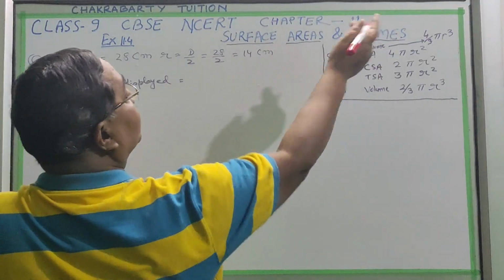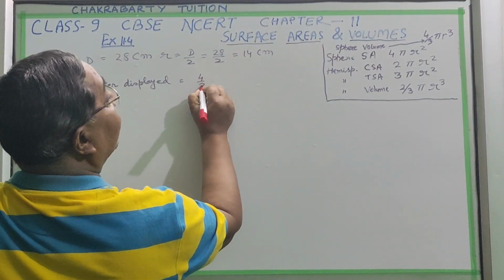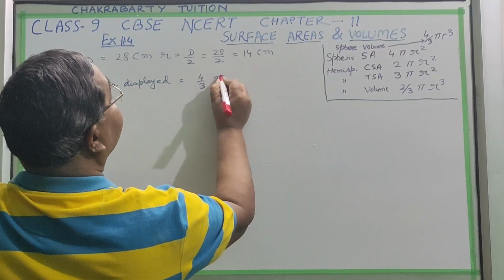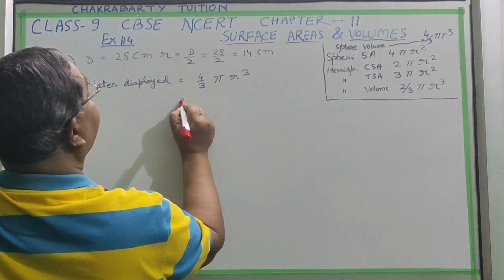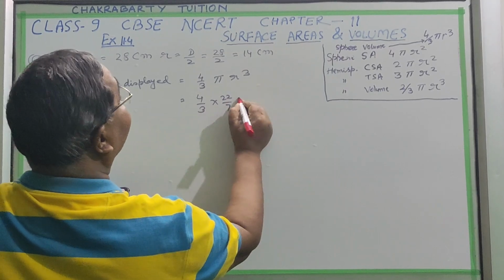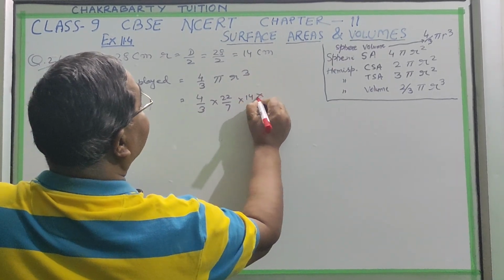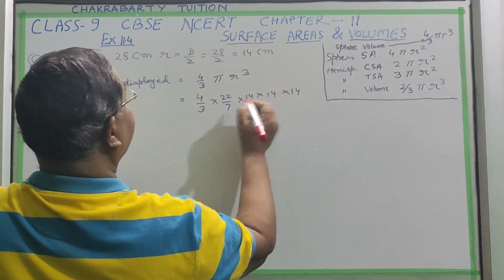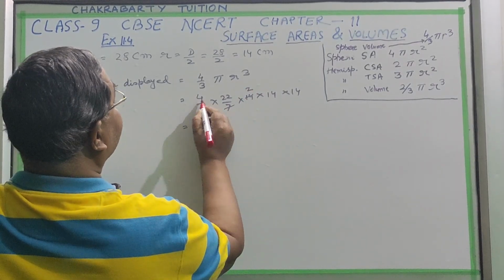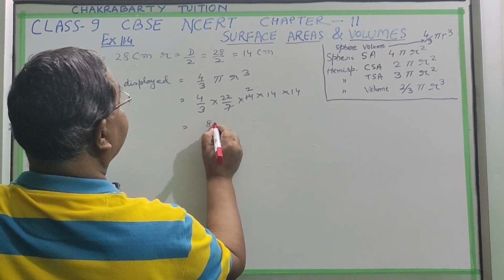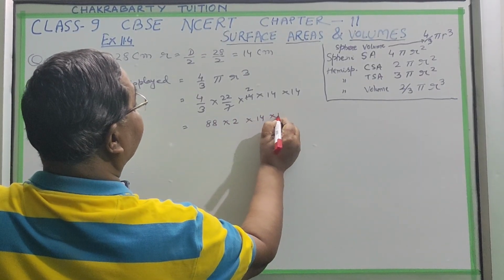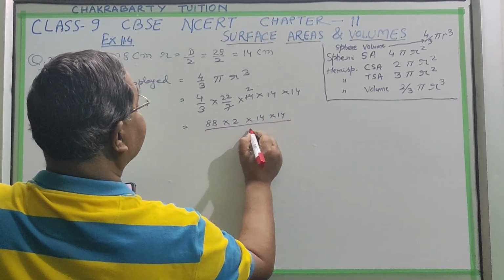That volume formula we will be using, 4 by 3 pi r cube. So 4 by 3 into 22 by 7 into 14 into 14 into 14. By this we can cut it, it is coming 2. So 88 into 2 into 14 into 14 upon 3 is coming.